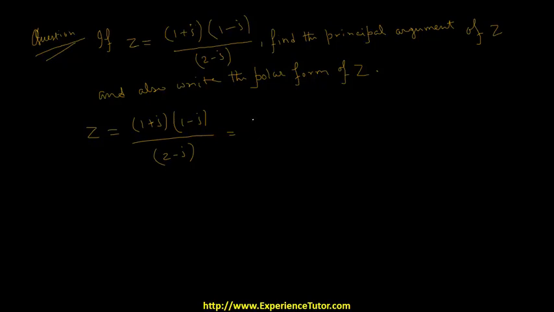So we can get 2 plus i upon 2 square minus i square, which is equal to 2 upon 5 into 2 plus i, which is equal to 4 upon 5 plus i 2 upon 5.